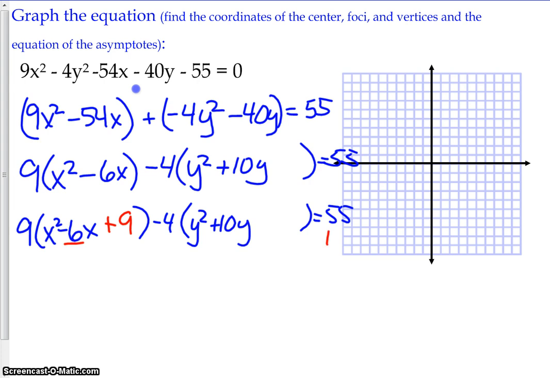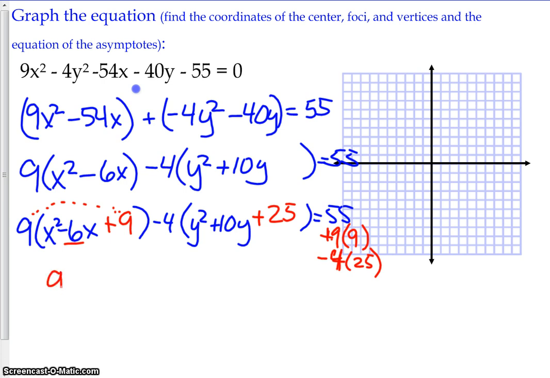Remember, I'm not just adding 9, because this 9 is connected with the other 9, so it's actually adding 81 there, 9 times 9. Here, half of the 10 is 5, and squared is 25, and it's not positive 4 times 25, but negative 4 times 25. That's what I'm technically adding to both sides.